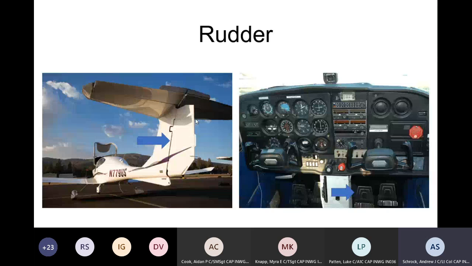How you brake is you push the tops of those rudder pedals. If you wanted to turn hard, you would push just on the top of the right rudder pedal, and it brakes the right wheel and allows the left wheel to swing around. That's how aircraft can pivot so tightly. So that's just a cool fact I thought I'd bring up to you guys.